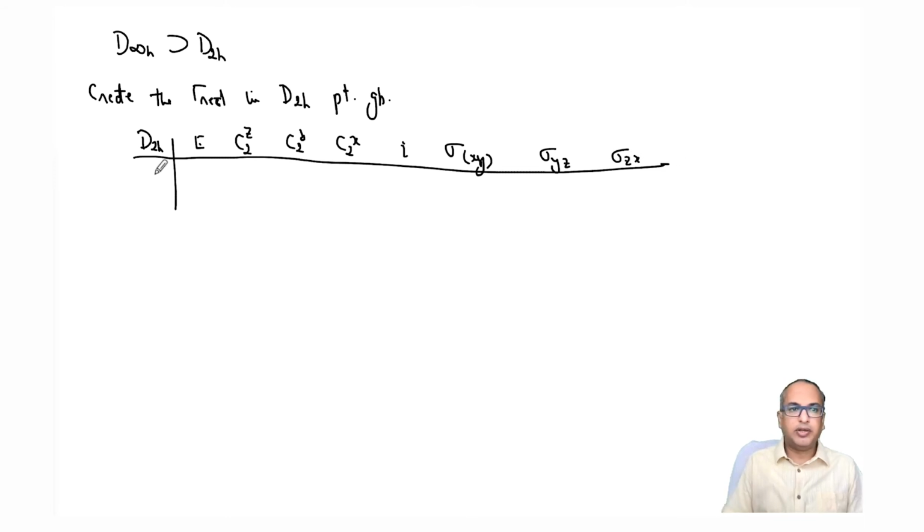That's all, right? Okay, and this is my tau reducible. And where are the vectors? The vectors are, if there are 3 atoms in a linear molecule, these are my vectors. Each of these has an XYZ, right?